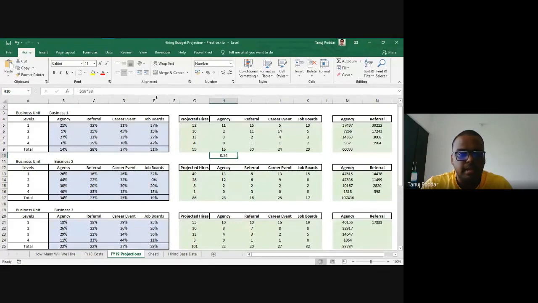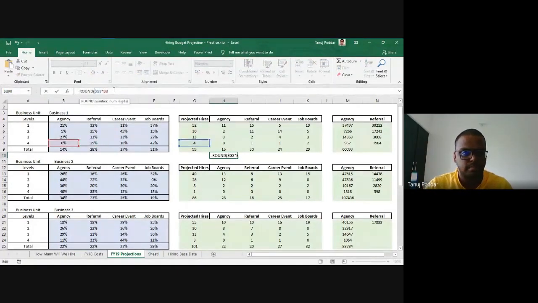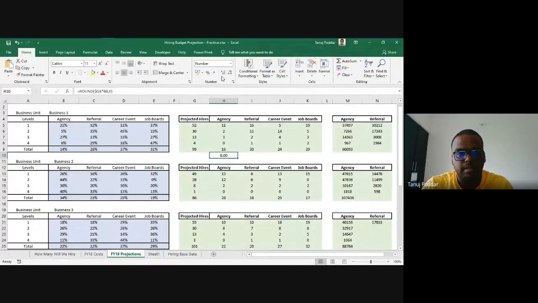Now what I can do is just round it, and I'll get these values. Similarly, I can do a calculation for all the others. Okay, now in this scenario, the values are matching completely. So this total comes to 4.